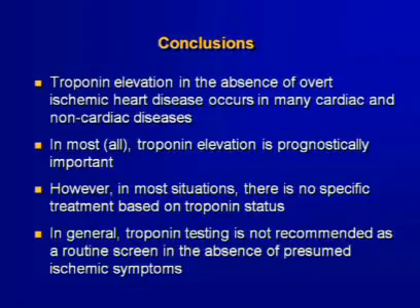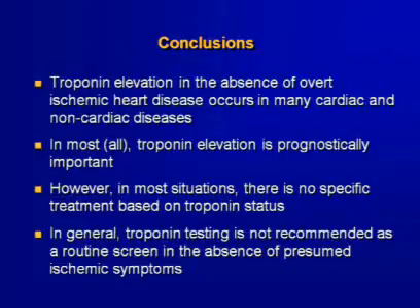So to sum up here, troponin elevation in the absence of overt ischemic heart disease occurs in many cardiac and non-cardiac illnesses. Most, or maybe all, troponin elevation is prognostically significant, the caveat being the people who are exercising, and I think we just don't know there.